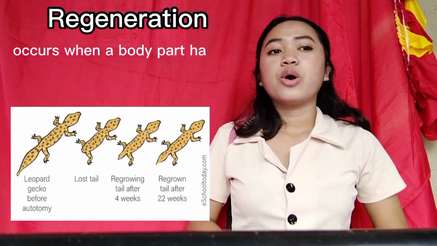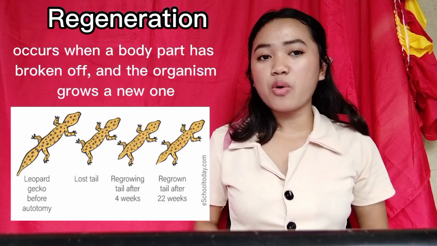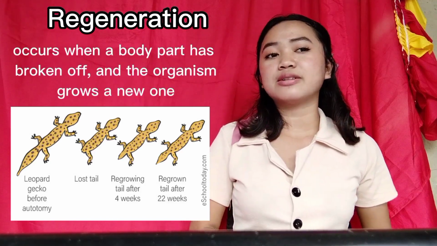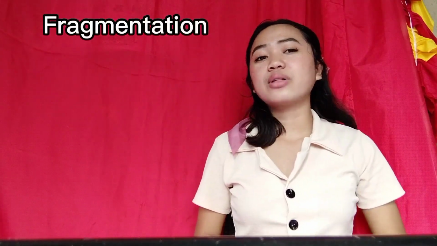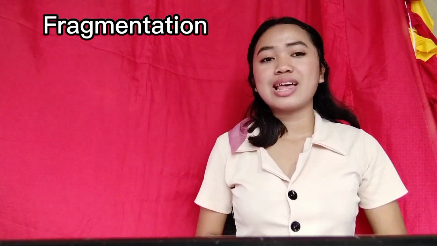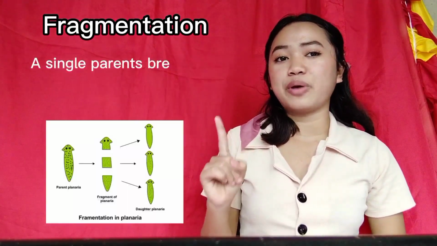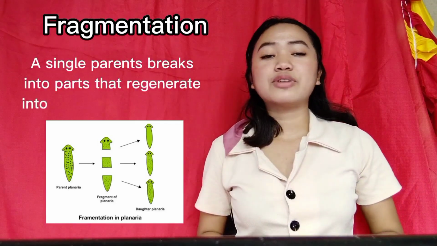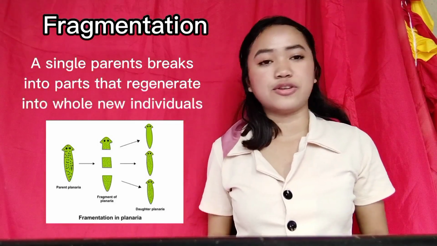Regeneration occurs when a body part has broken off and the organism grows a new one. And the fourth one is fragmentation. How does fragmentation work? In fragmentation, a single parent breaks into pieces and regenerates into whole new individuals.